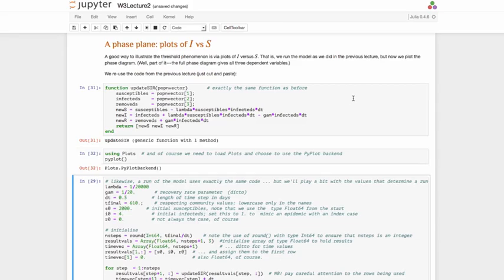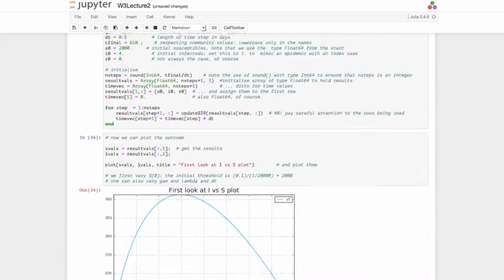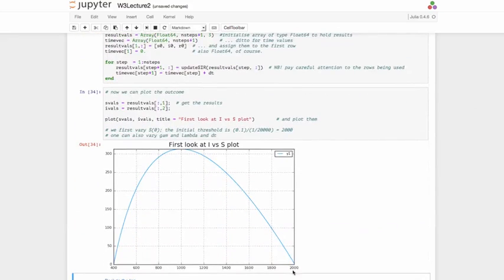These are values similar to what we had before, so let's see what the phase plot looks like. So here we see that for these values, an initial 2,000 susceptible people gave us a maximum of infected people a little over 300, and at the end of it, about 400 people had not ever been ill and remained susceptible.